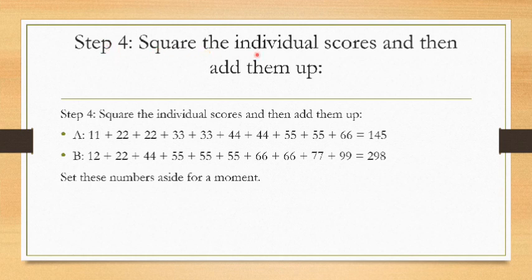Step 4, square the individual scores and then add them up. Sa set A we have 1 squared plus 2 squared plus 2 squared plus 3 squared plus 3 squared plus 4 squared plus 4 squared plus 5 squared plus 5 squared plus 6 squared is equals to 145. While on the B we have 1 squared plus 2 squared plus 4 squared plus 5 squared plus 5 squared plus 5 squared plus 6 squared plus 6 squared plus 7 squared plus 9 squared is equals to 298.